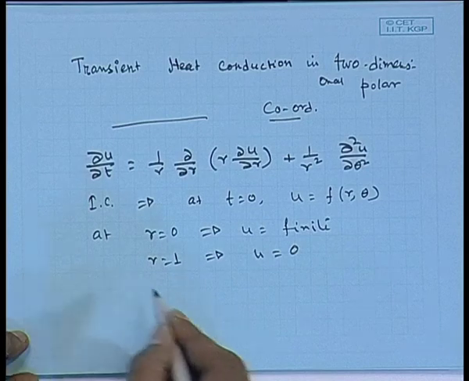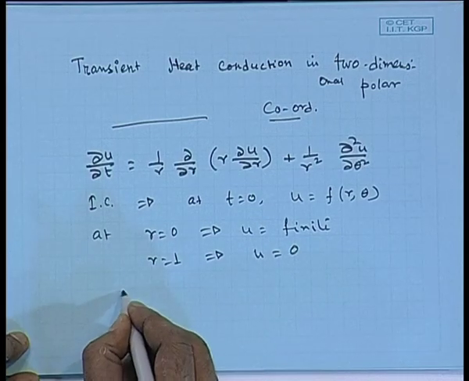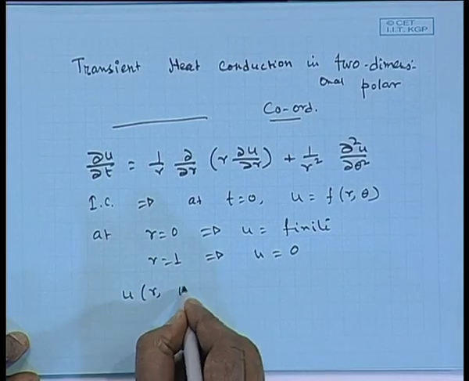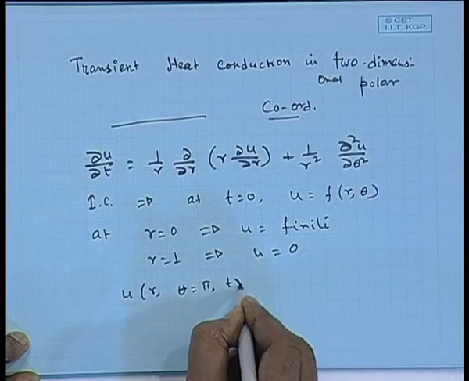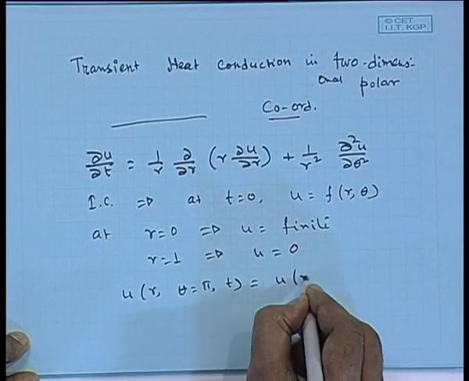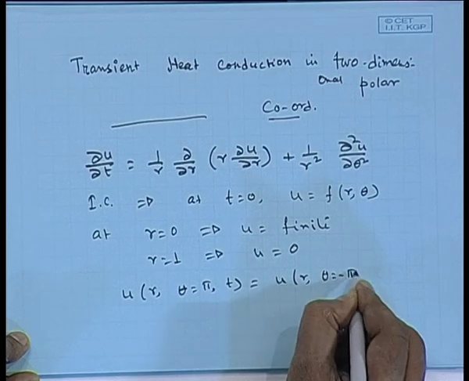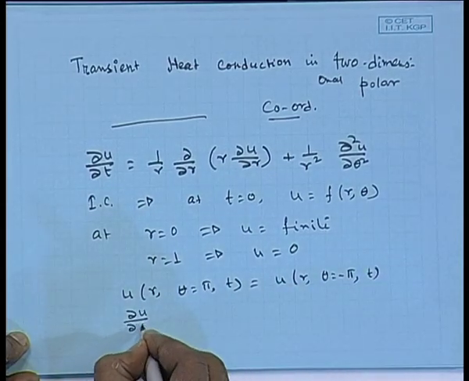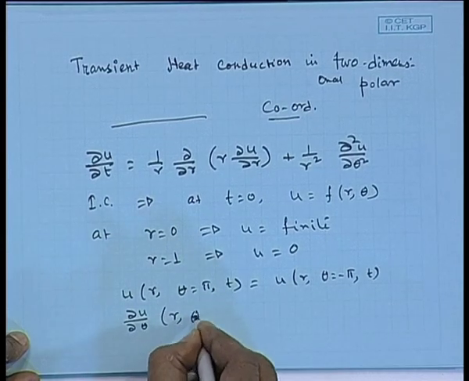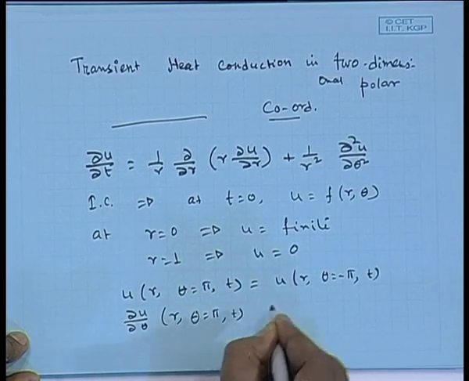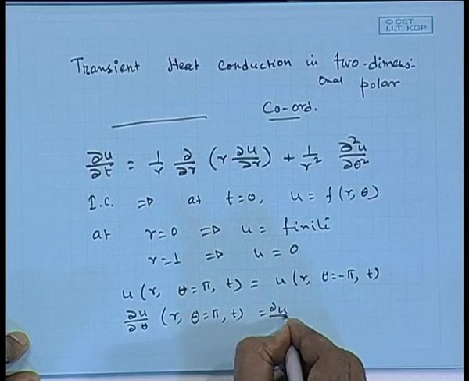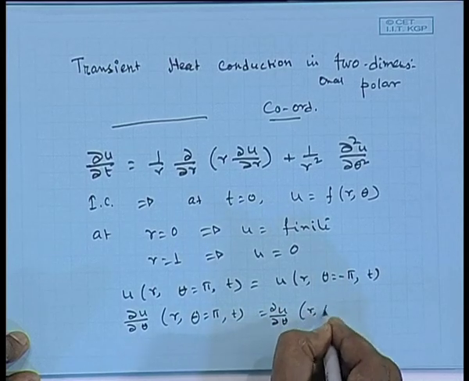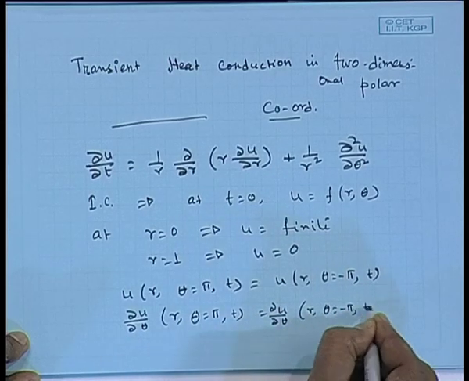Now, we have to fix the boundary condition on theta. The boundary conditions of theta are like this: u at r, theta equal to pi, is equal to u at r, theta equal to minus pi, and t. And del u del theta at r, theta equal to pi, is equal to del u del theta at theta equal to minus pi, t.